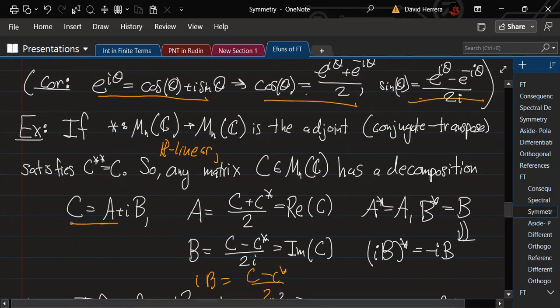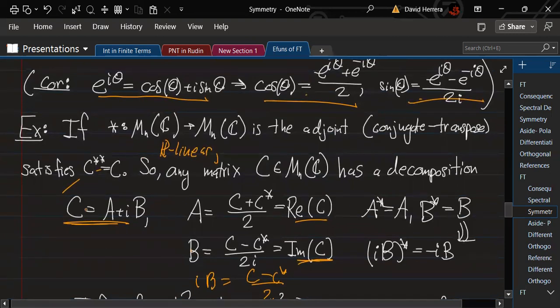And you have this decomposition. C is going to be written as the eigenvector with eigenvalue 1 for star, plus the eigenvector with eigenvalue -1 for star. And then A is usually called the real part of C, and B is called the imaginary part of C. There are a lot of analogies here for real and complex numbers, and it's a very important construction for all different kinds of things.